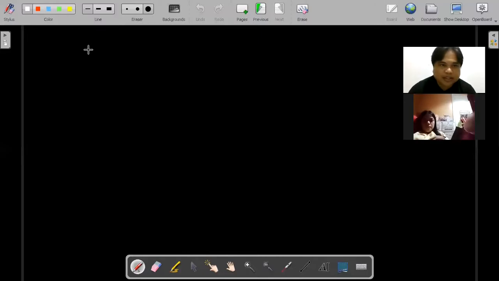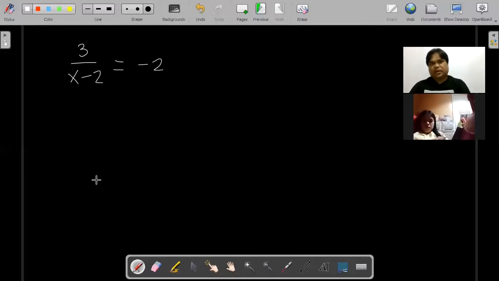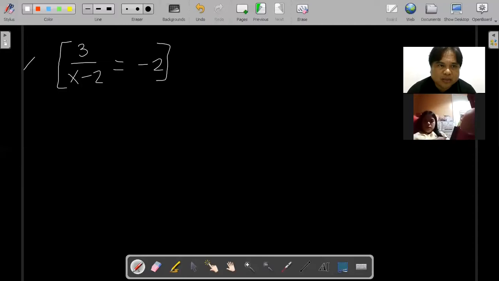Last example is this. 3 over x minus 2 is equals to negative 2. Okay, what do we need to do here? The x minus 2 is at the denominator. So to make it easier, Fion, all you need to do is multiply both sides by the same denominator, x minus 2.